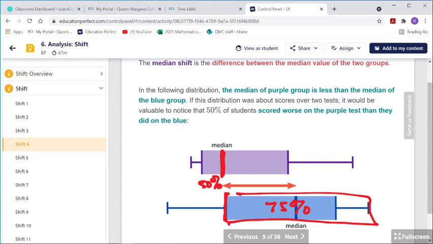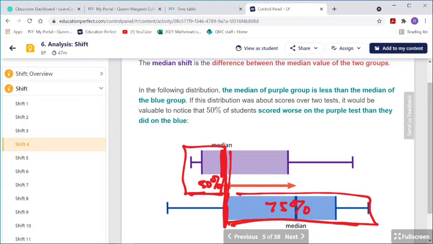You see where I'm getting that? Because this value is bigger than the median, so it's bigger than at least half of that data. Now it's slightly more, but you don't know where that line is hitting. So we can only talk about things that we know the values of. So 75% of the blue data is above 50% of the purple data.